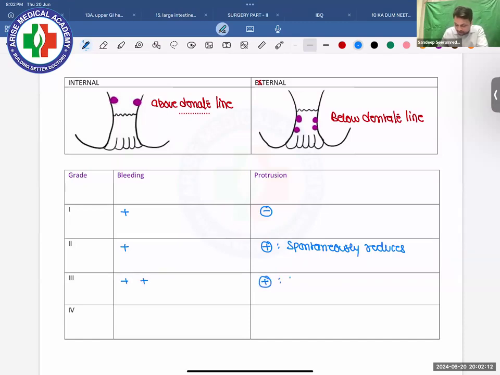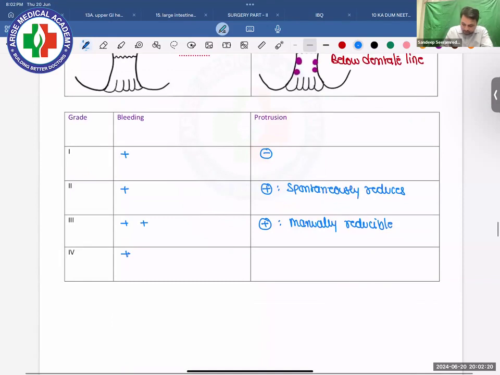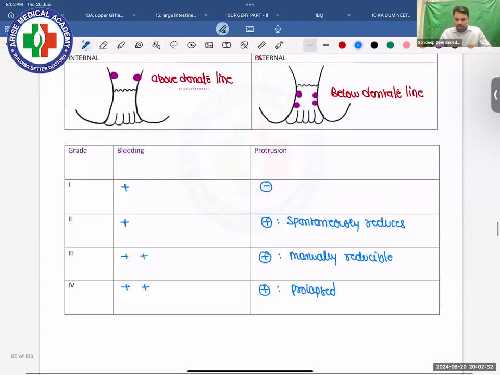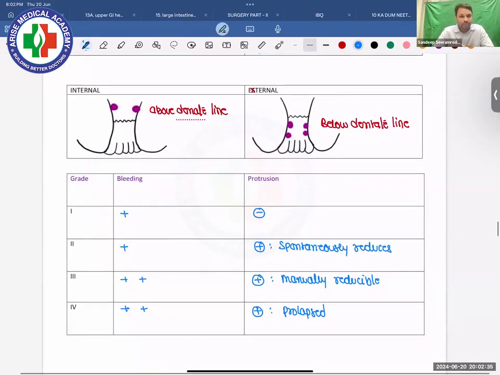Protrusion is present, but this is manually reducible. Grade 4, the bleeding is present, the protrusion is present, but this time it is prolapsed and irreducible, right?